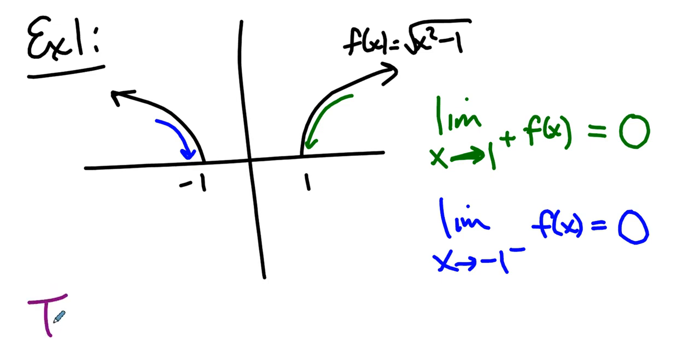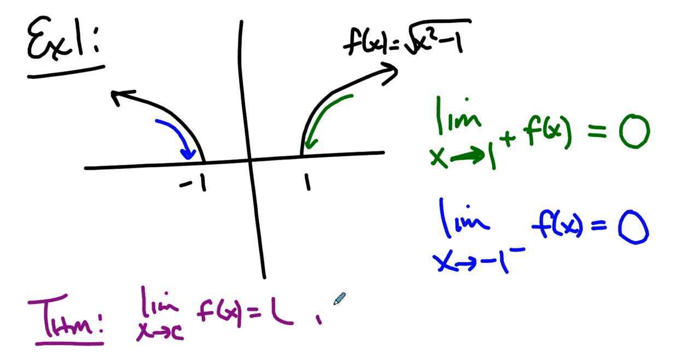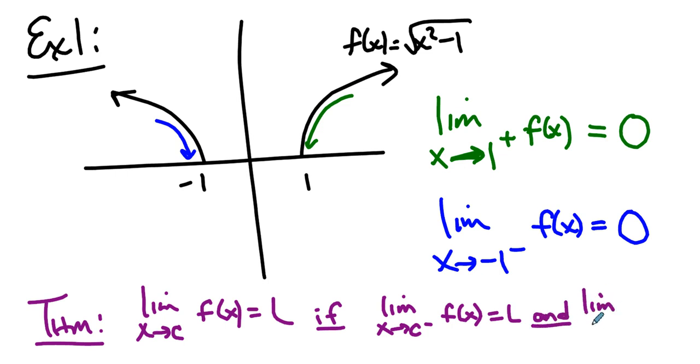There's a theorem that's worth mentioning that says the limit as x approaches c of f of x is L if the limit as x approaches c from the left is L, and the limit as x approaches c from the right is L. And this almost makes sense if you think about it.